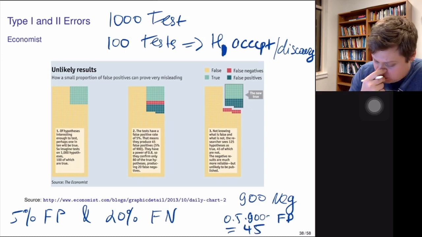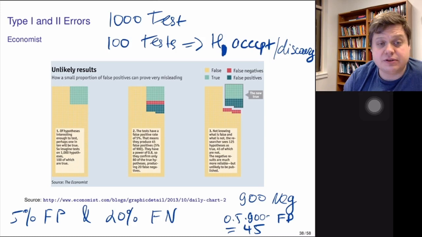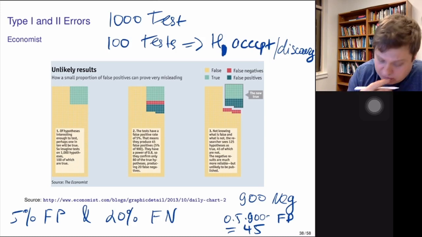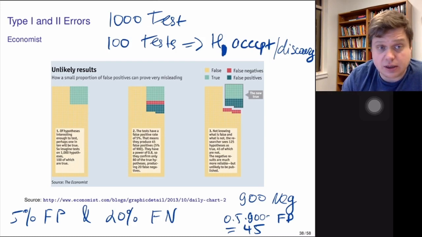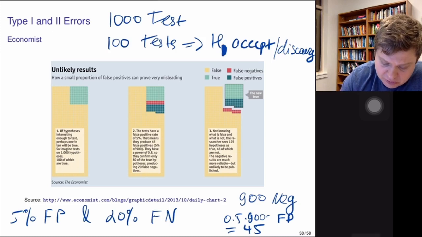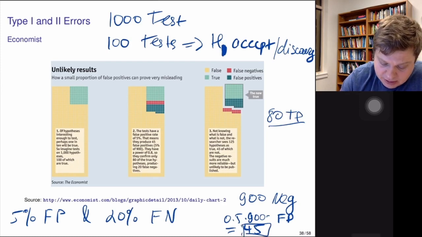So 45 cases will be false positives. Also, since we have 20% false negatives, we have 80% true positives, which means that out of 100 true results, 80 are going to be correctly identified. So we have 80 true positives and 45 false positives. Our testing procedure will result in 125 positive tests.